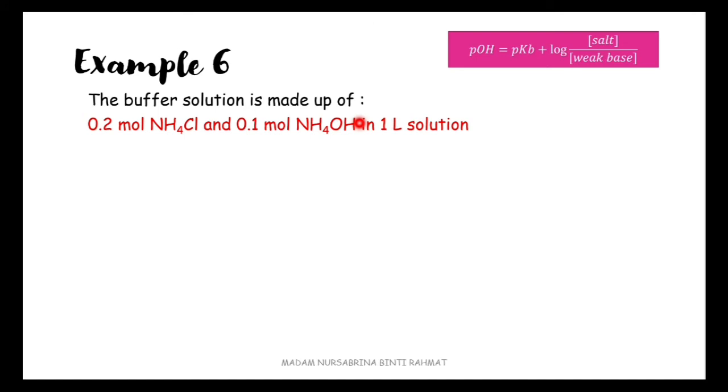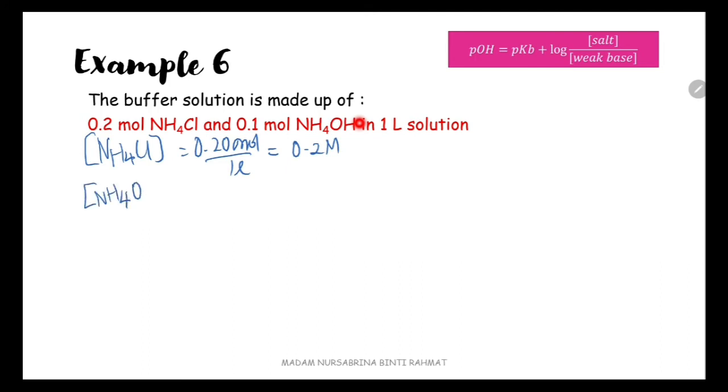It's simply number of moles divided by volume. So NH4Cl, which is 0.20 mole, divided by 1 liter, gives 0.2 molar. And for my NH4OH, 0.1 mole divided by 1 liter, I will get 0.1 molar.